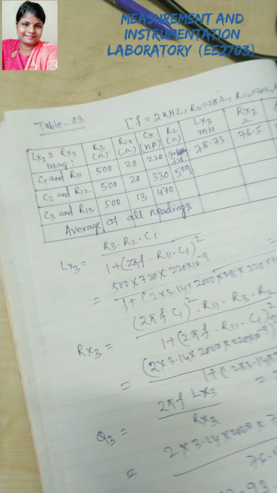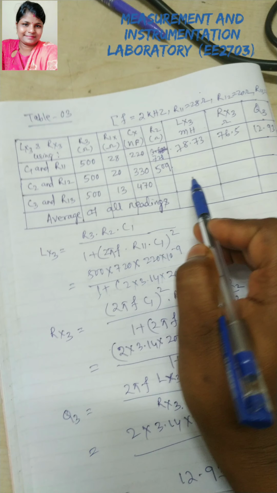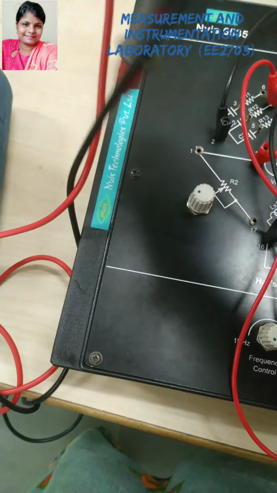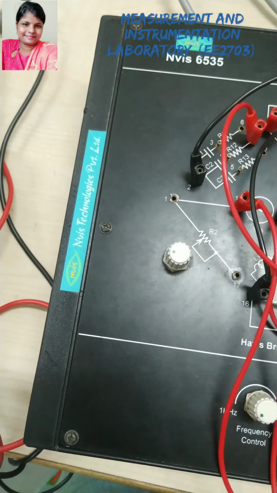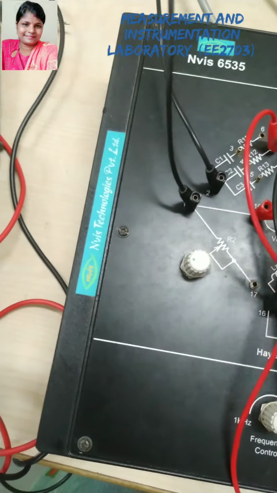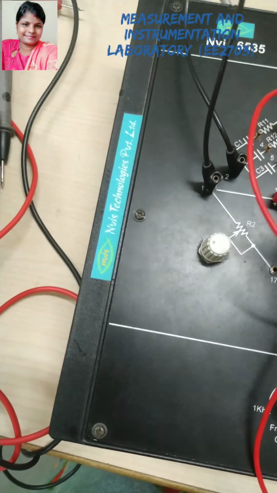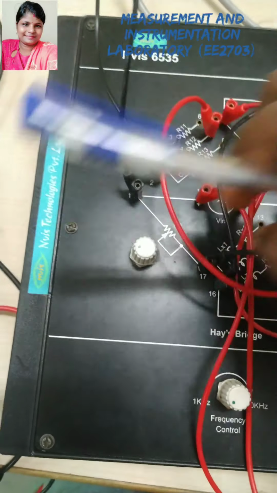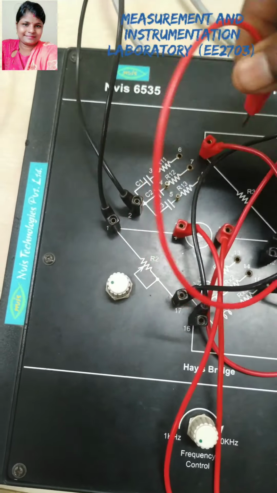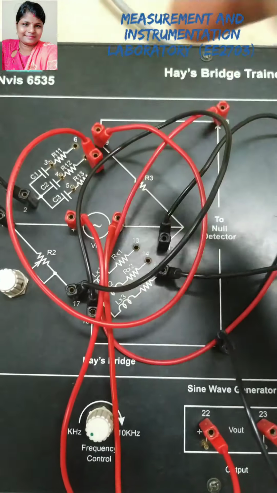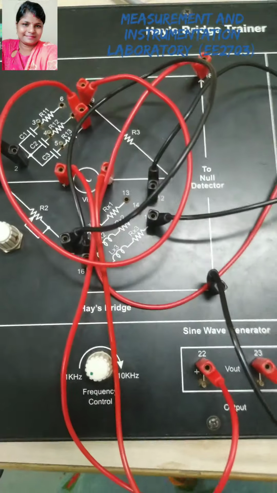To start for third row. So disconnect the multimeter, same connect the terminal between 1 and 2 and connect the terminal between 16 and 17 and connect this 9 to 8. Only change is 9 to 8 and other connections are same.